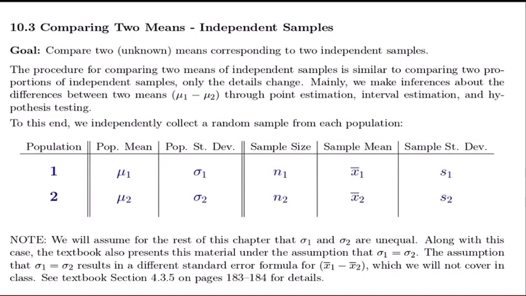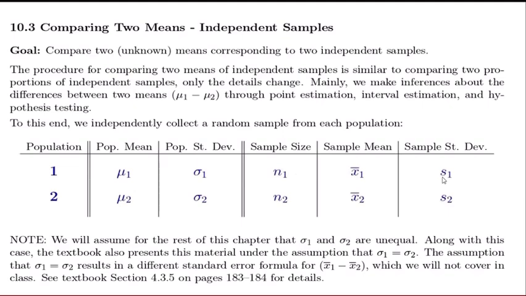Because we do not have enough resources to study everyone in the two populations, we take a sample of size N1 from population one and a sample of size N2 from population two. Based on the samples, we compute the sample means: X bar one is the sample mean from population one, and X bar two is the sample mean for population two.